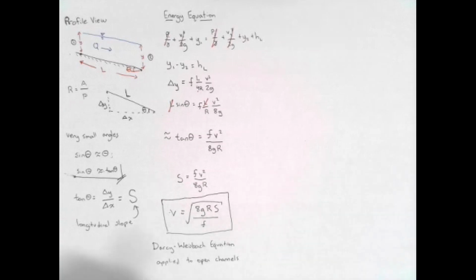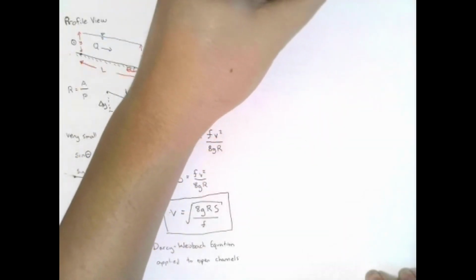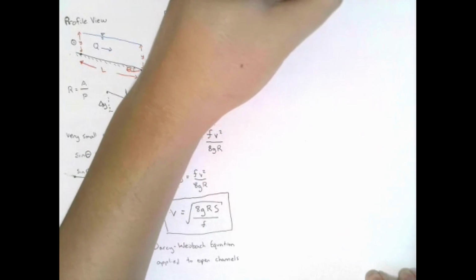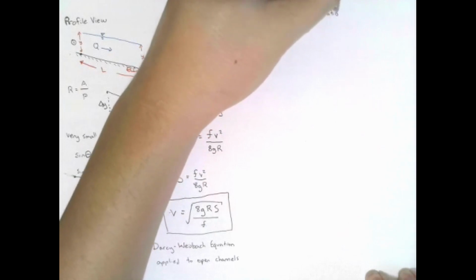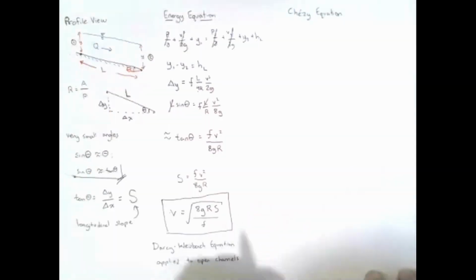I mentioned that because most open channel flows are turbulent and very, very hard to model analytically, we've actually relied on empirical values in order to solve for the velocity in open channels. So we're going to start today by talking about the Chezy equation, which is an equation that is derived from a series of measurements.